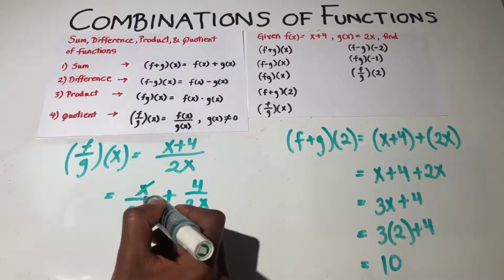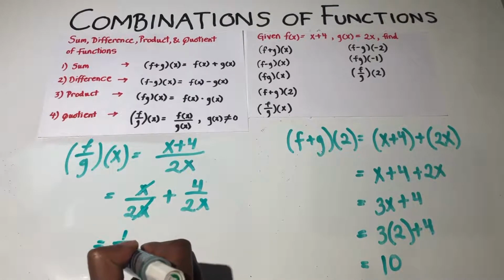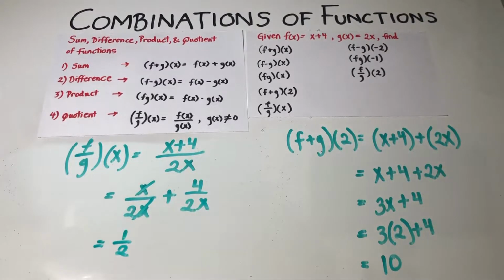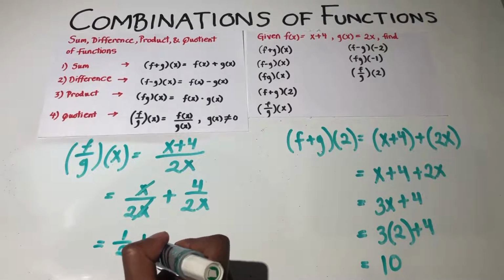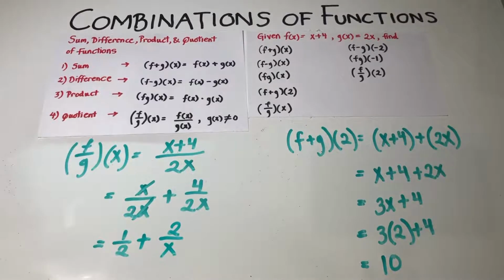Since the x's cancel, we're going to be left with a half. Since we have 4 over 2x, well, 4 over 2 is just 2, and then we have x at the bottom. So that's going to be 1/2 plus 2 over x.